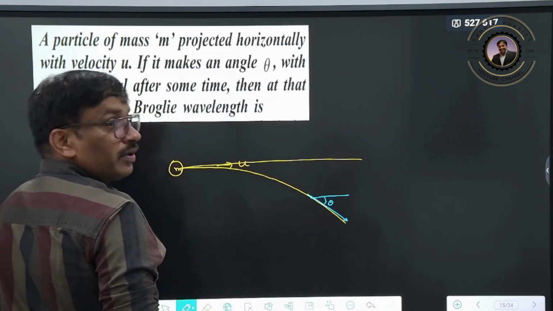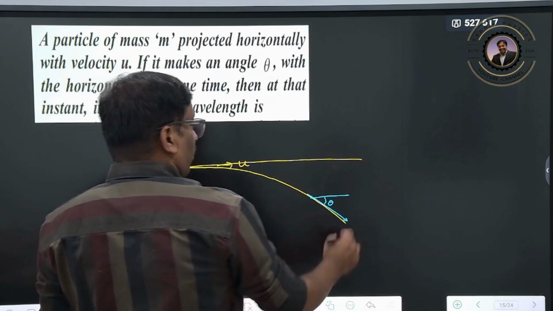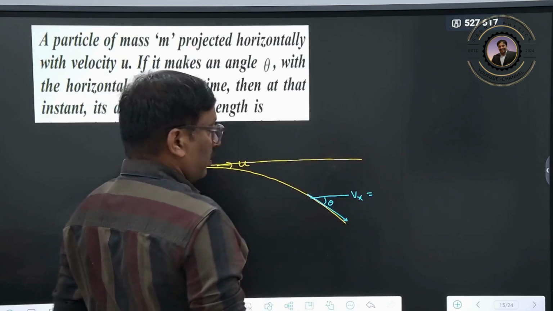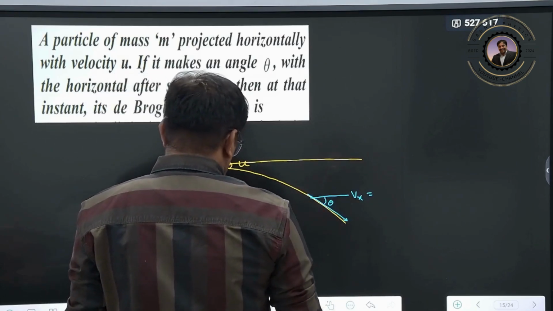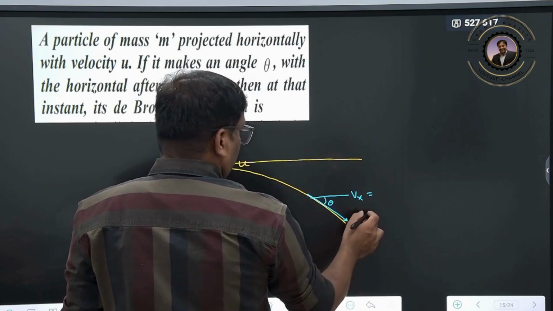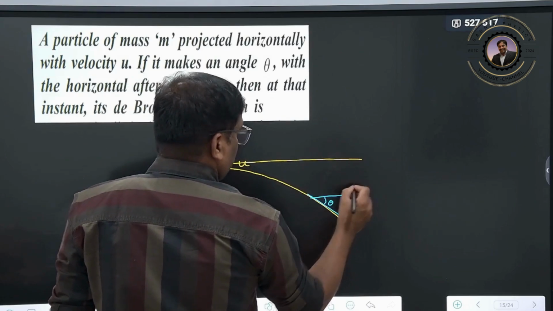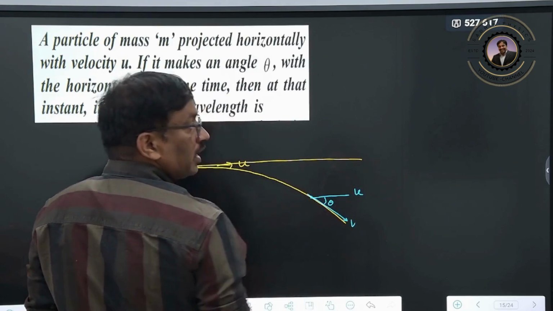Therefore, what will be the velocity at this point? Call it v. The horizontal velocity Vx is not going to change, it is u only, and v is the velocity at this point.